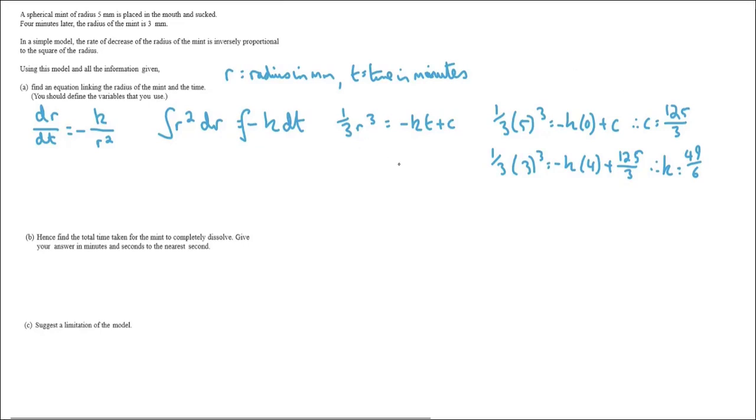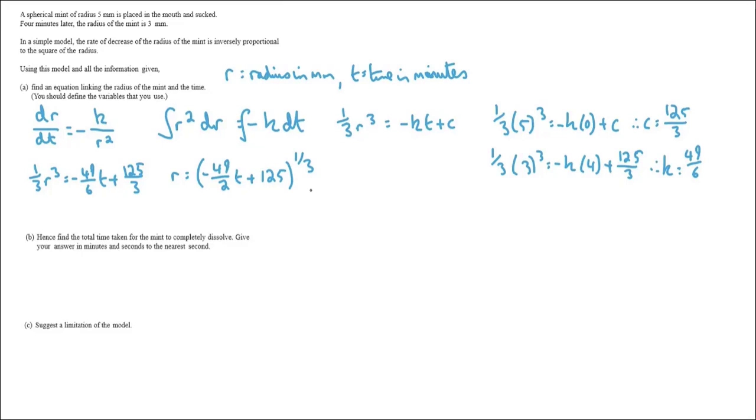Therefore, if we put that back into our previous equation, we have a third of r cubed equals minus 49 over 6 t plus 125 over 3. If you wanted to make r the subject, you would divide by a third, to have minus 49 over 2 t plus 125, and then you'd need to cube root that, or raise it to the power of a third.